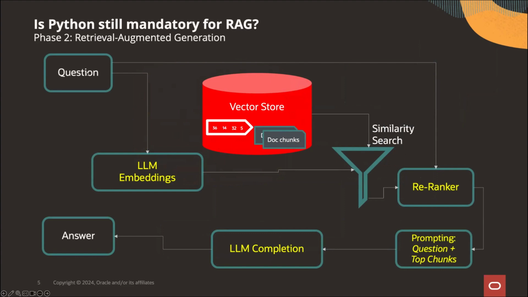Eventually, the question together with the top K chunks that we have retrieved will be provided to a re-ranker that is a sort of LLM model that is able to reshape the list of chunks that have been provided by the vector store similarity search.